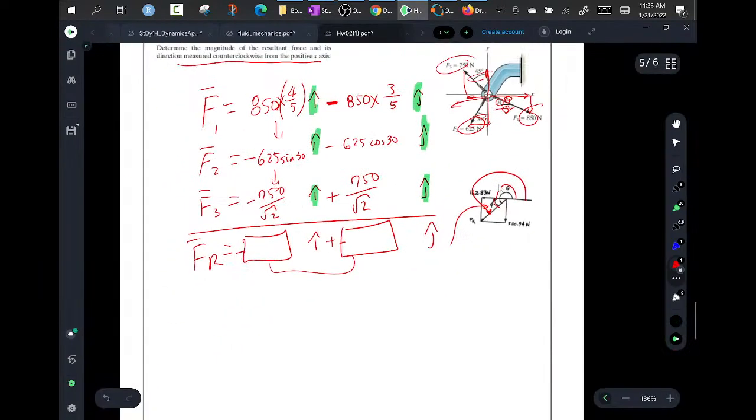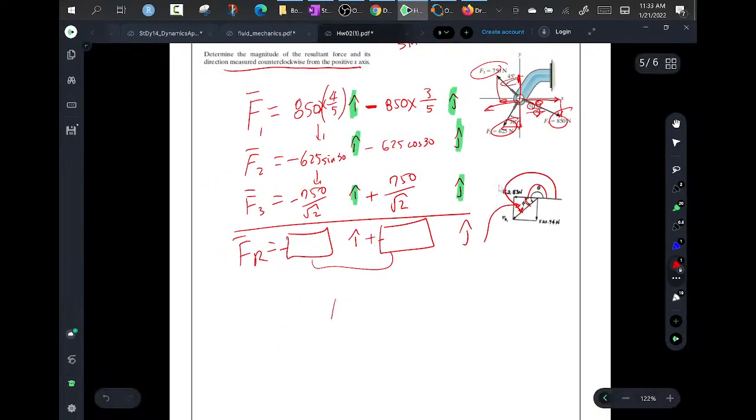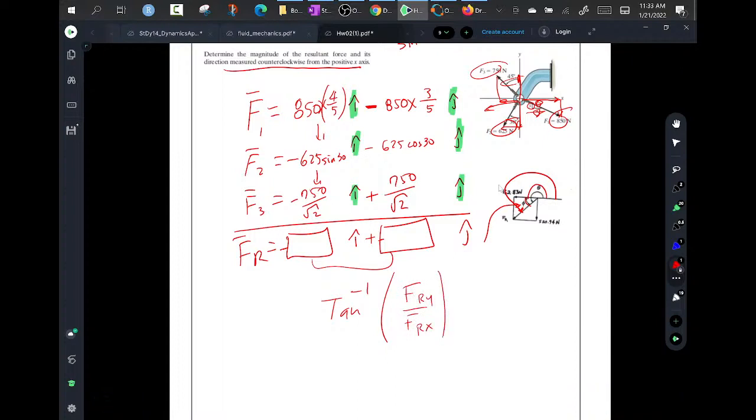You don't have to use tangent here, but you could do the F of y over F of x to get that angle, or you could do a cosine. It really doesn't matter.